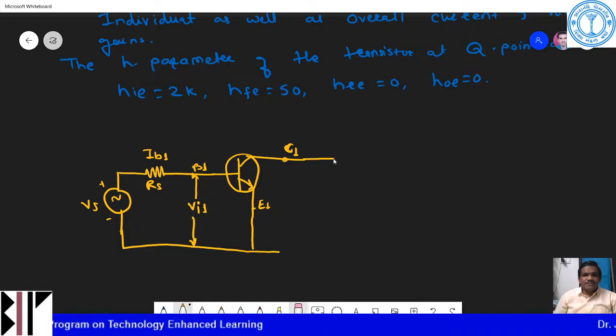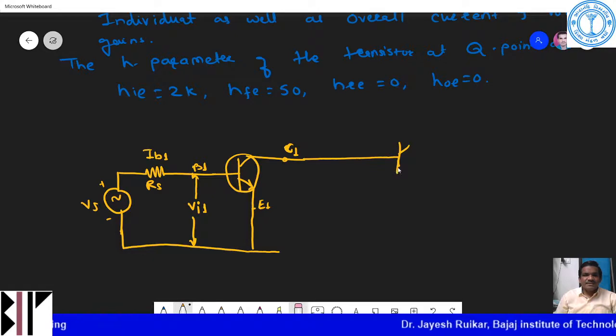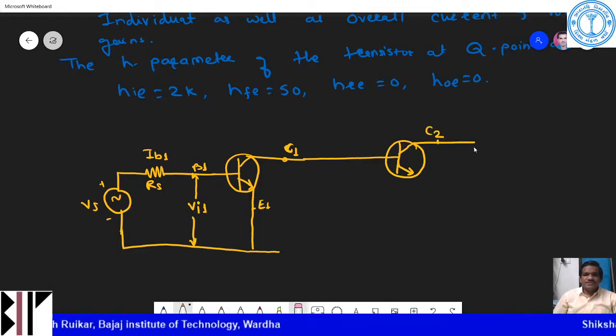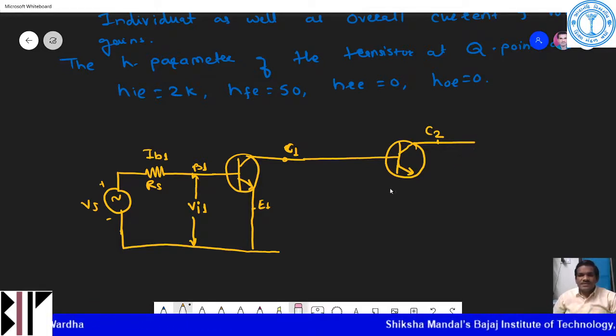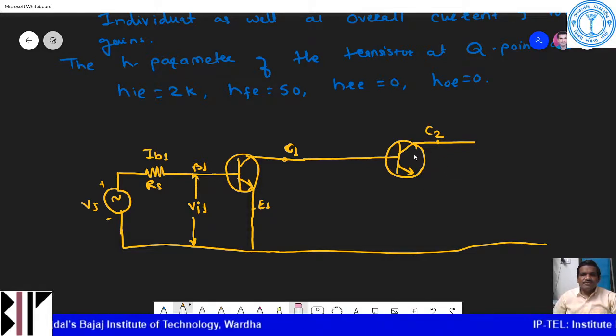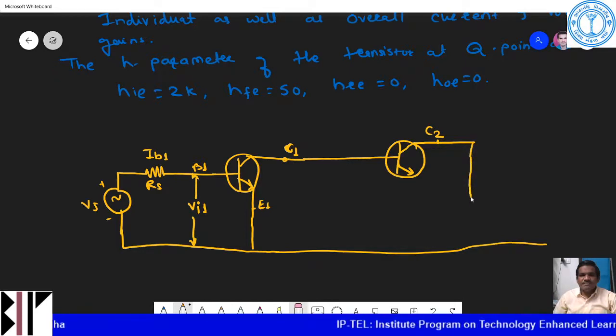Then I have the second transistor here. This is the transistor symbol, and this is the collector, which I will make C2. Let me draw this straight line again. And this is common collector, so the collector will be common to the input and output side.